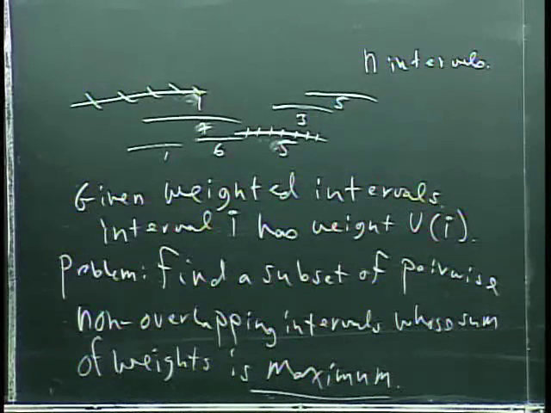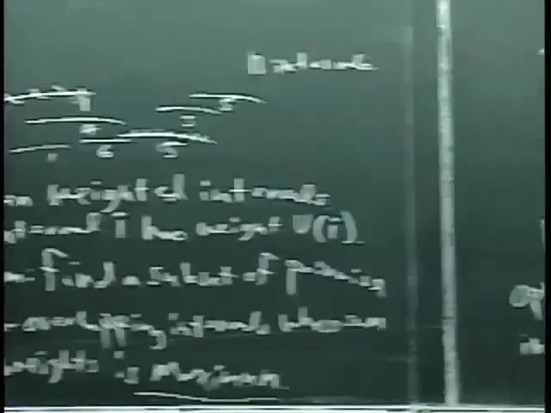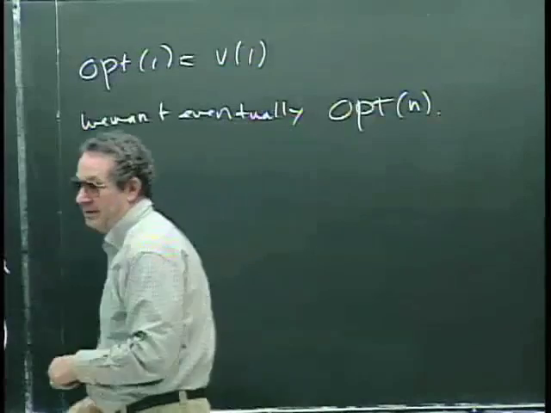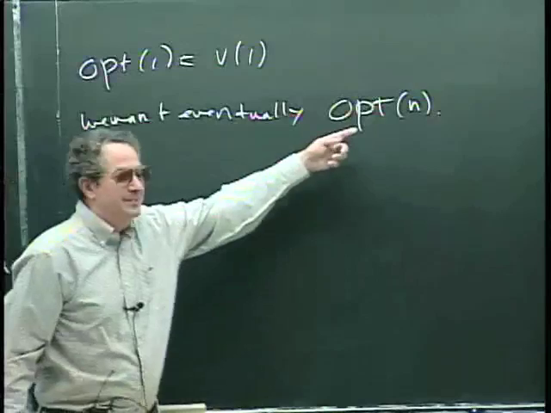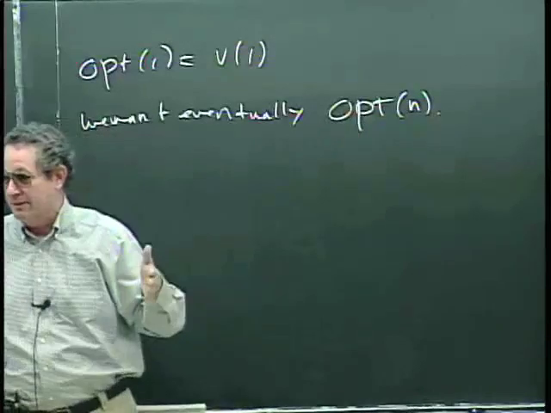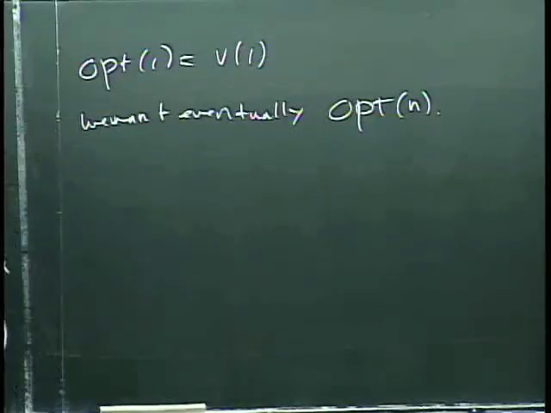Are we satisfied with opt of 1? Opt of 2? What is it we want, ultimately? Right, opt of n. Who said that? Oh, I did. Yeah, we want opt of n, because that's 1 through n. That's everything.